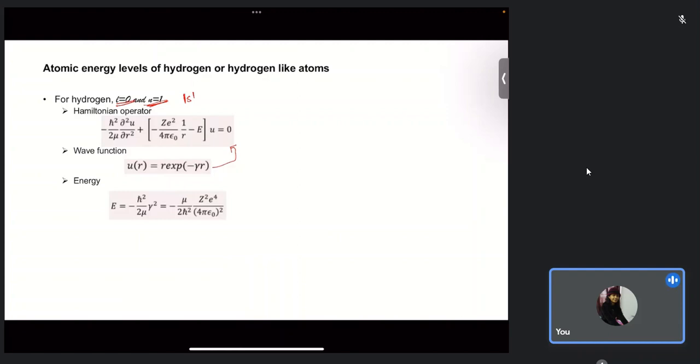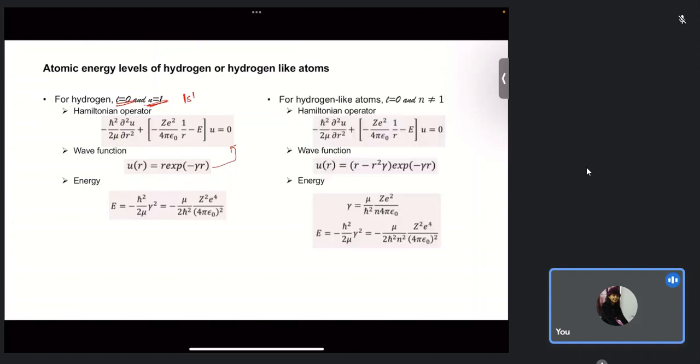And for hydrogen-like atoms, where N is not equal to 1, the Hamiltonian operator is the same as for the hydrogen atom, but we can have another solution for this Schrodinger equation, given by U of r equal to r minus r square gamma e raised to minus gamma r.